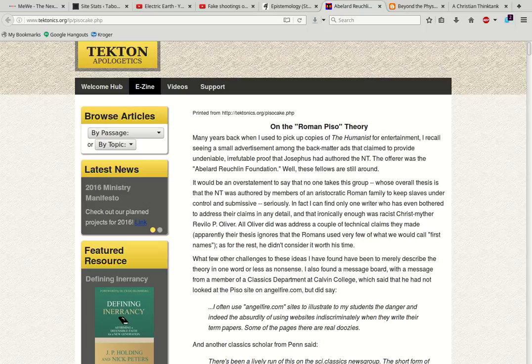Now, this page that I put up here, Tectonics, I don't agree with everything at the site, but this particular article is on one of the theories about who would have assembled the Bible, called the Roman Piso theory. Allegedly, a family of Romans conspired to make up this story of Jesus, basically to subvert Judaism, but this is really easily dismissed.